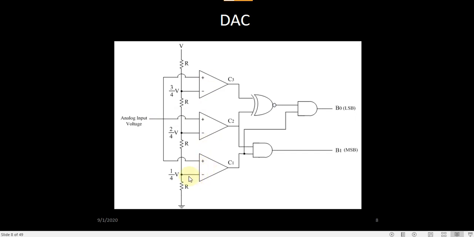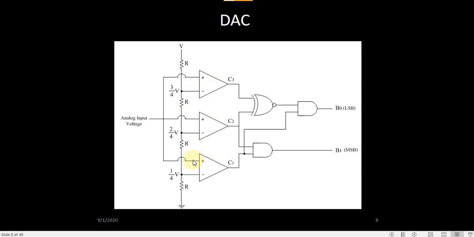At these comparators the reference levels are 1/4, 2/4, and 3/4 V. You apply V here, so you are giving 1/4 here, 2/4 here, 3/4 here. The input signal is given to all the 3 comparators' plus input.